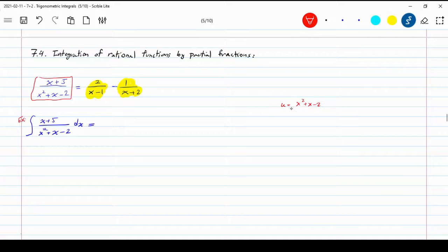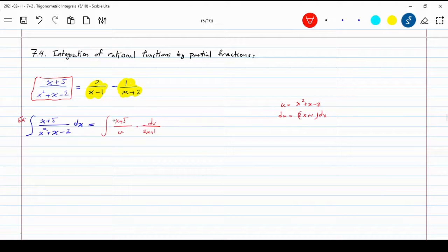Normally the denominator would be the substitution. Then taking the derivative on both sides, du would be 2x plus 1 dx. And if we do this, I can write the denominator as u, and I have x plus 5 here. And I can solve for dx: dx would be du divided by 2x plus 1.